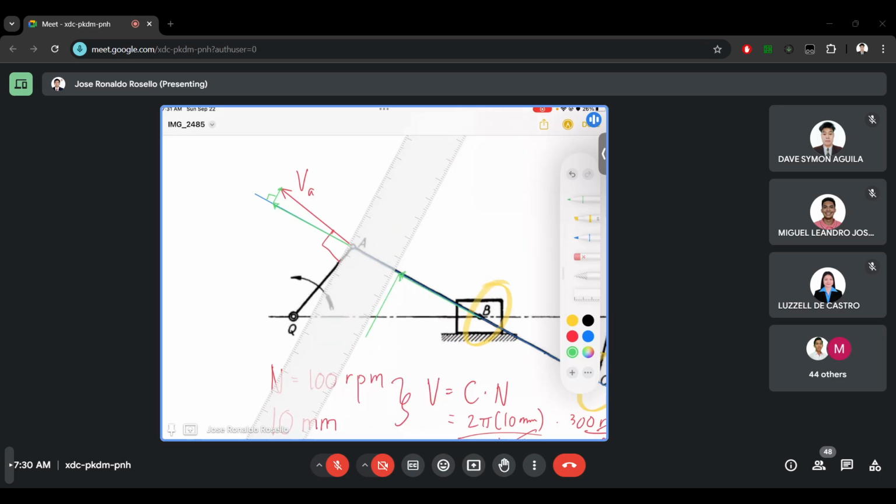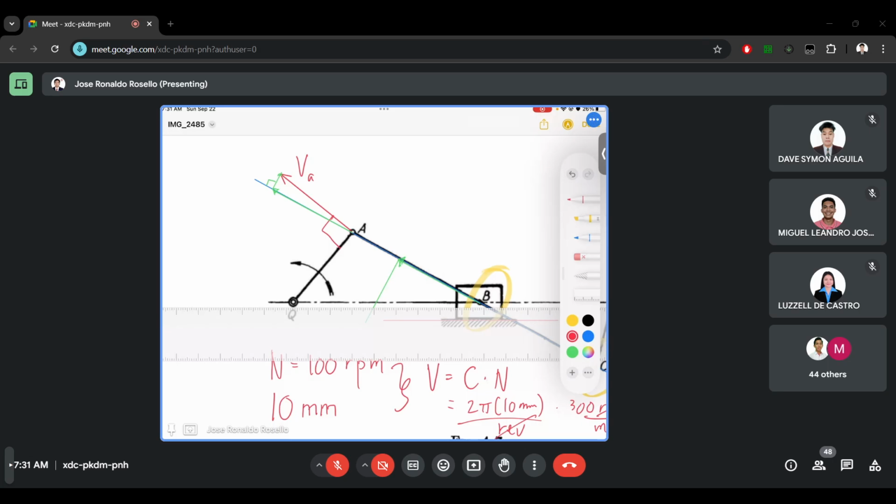Then let's determine the direction of velocity B. Point B is at a slider, meaning its direction should be parallel to the ground. If we have the ground here, the direction of velocity B should also be horizontal, going again to the left because the direction of the components is going to the left. Then the intersection of the perpendicular component and the direction of our velocity B will be the end of the velocity B vector.